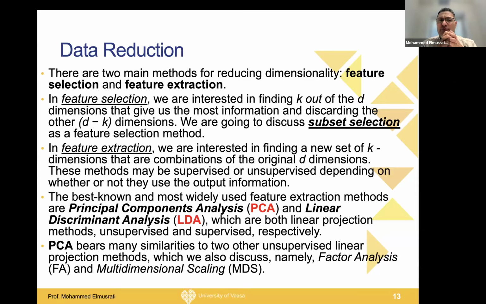Now, let me start with feature selection. In feature selection, data reduction, I had one of my PhD students, now a senior researcher at Helsinki University, who was doing his PhD research building a model for a certain type of cancer in medical science based on the features that they have.